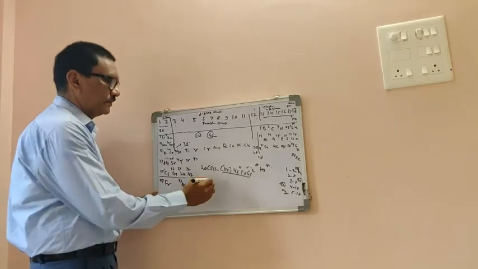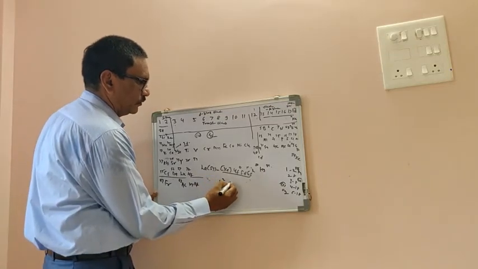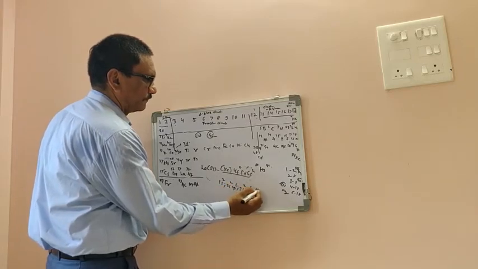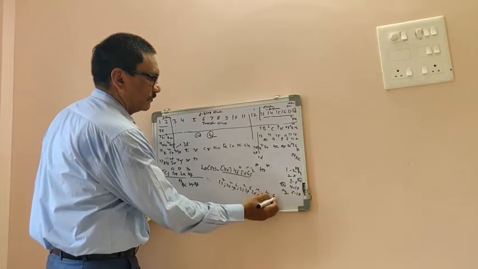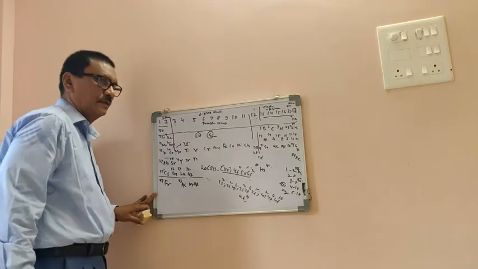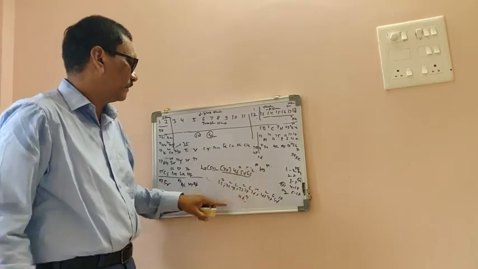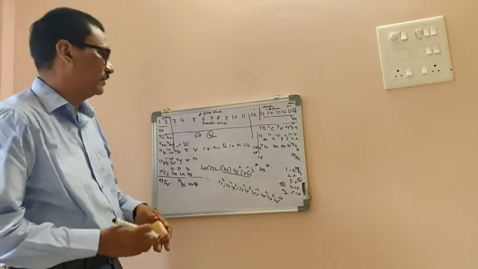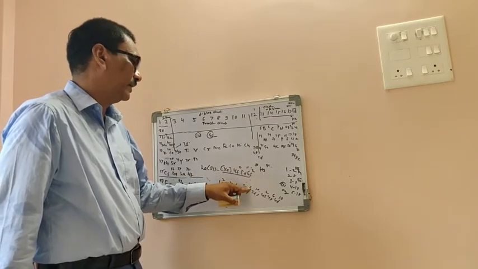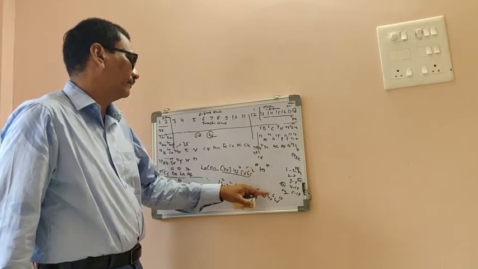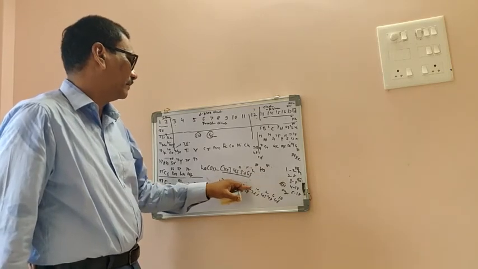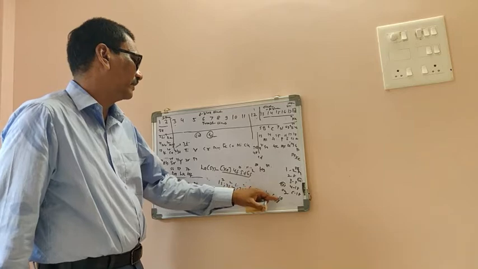So instead of writing the configuration as 1S2 2S2 2P6 3S2 3P6 3D10 4S2 4P6 4D10 4F14, if you count the number of electrons here: 4 plus 6 is 10, 10 plus 2 is 12, 12 plus 6 is 18, 28, 30, 36, and then 4 plus 6, 10, 18, 28, 30, 36, and then 46.